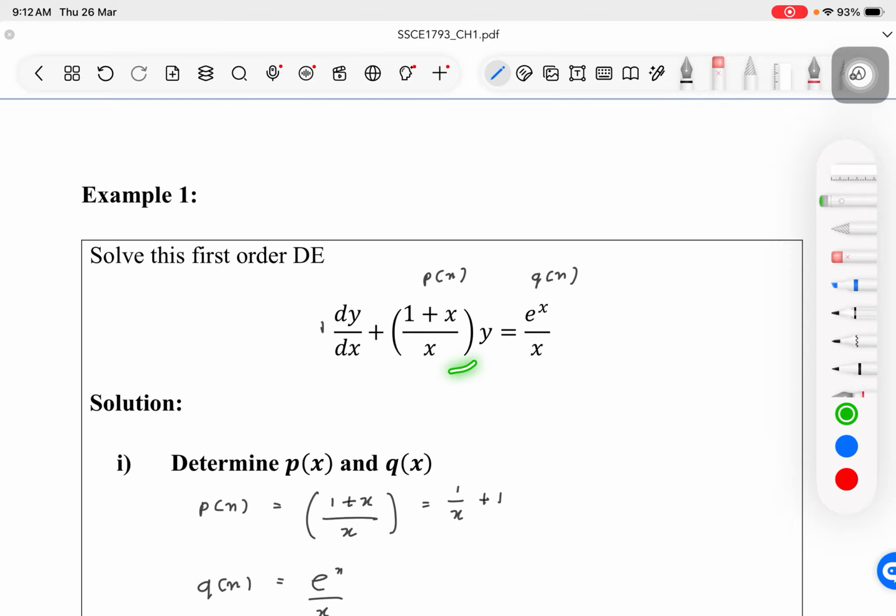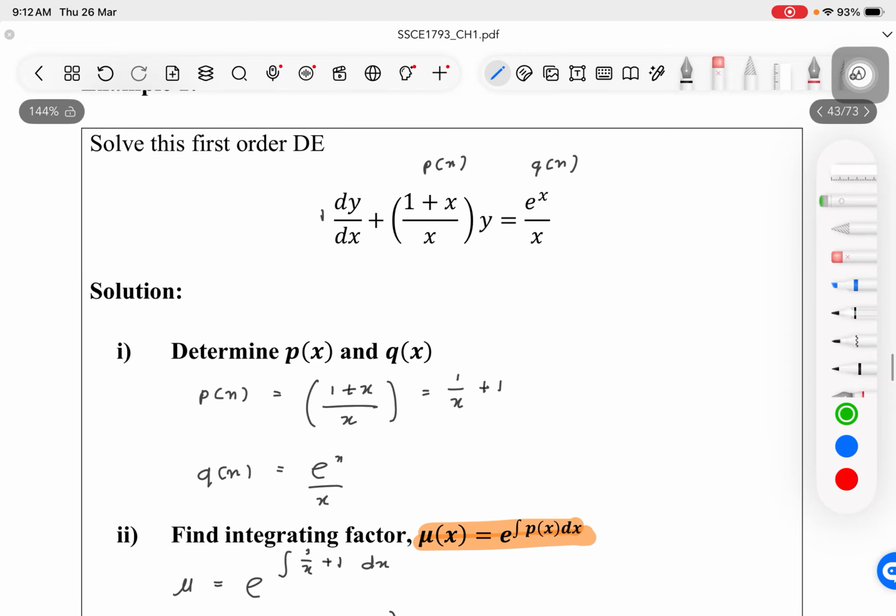Then the coefficient of y must be your p(x), and over here is your q(x). So first step, you need to determine what your p(x) and q(x) are.